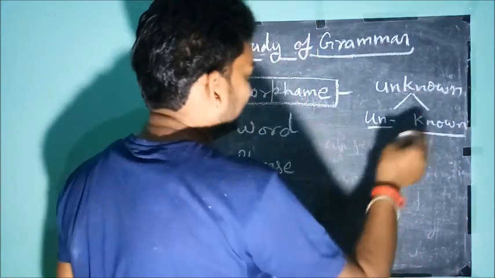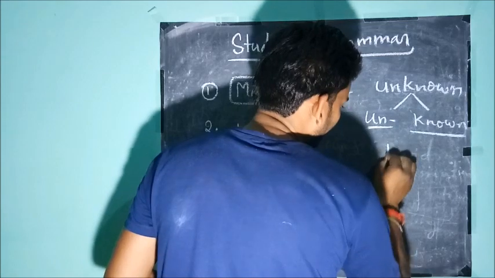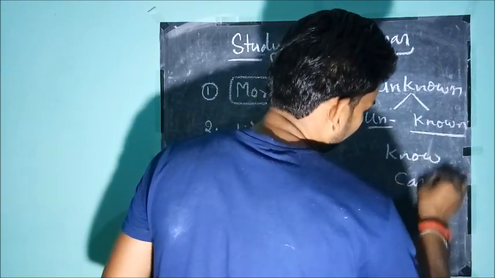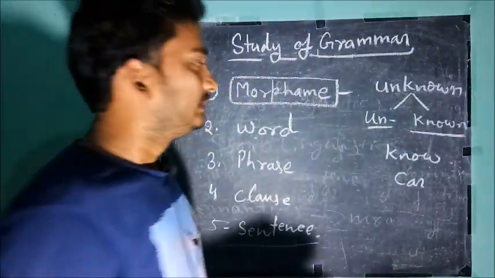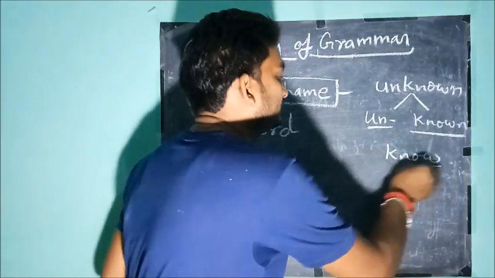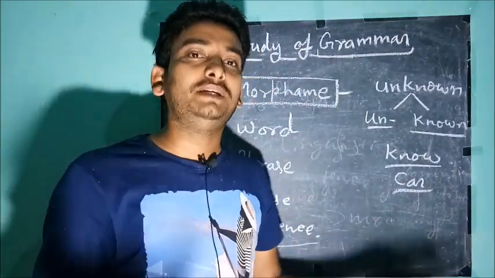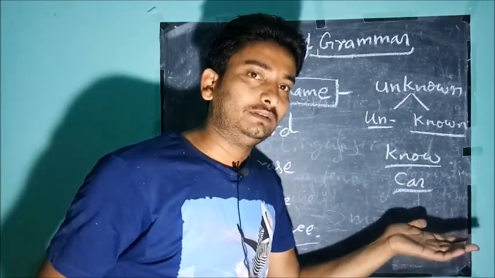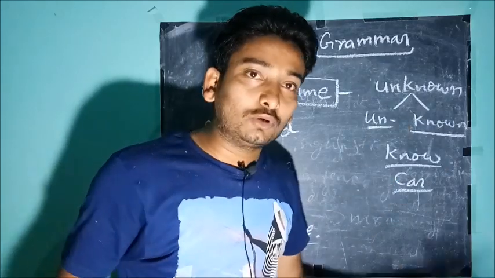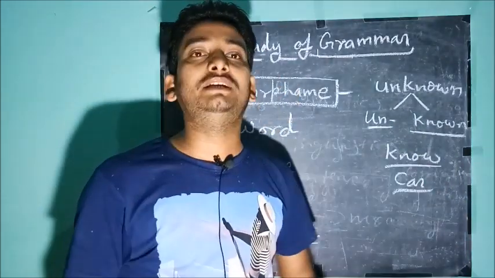Another example I can take is no or car. These are also morphemes as well as words. A single morpheme may also be a word, and 2 or 3 morphemes together can make a word.